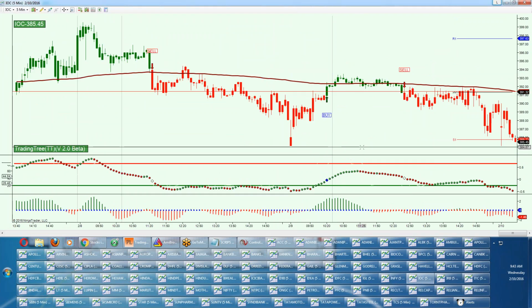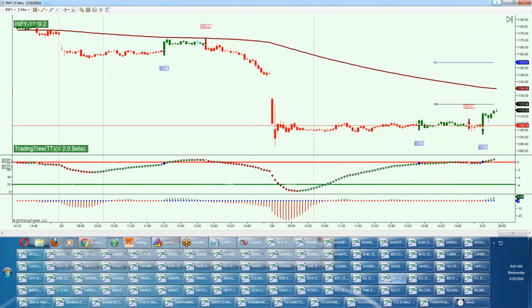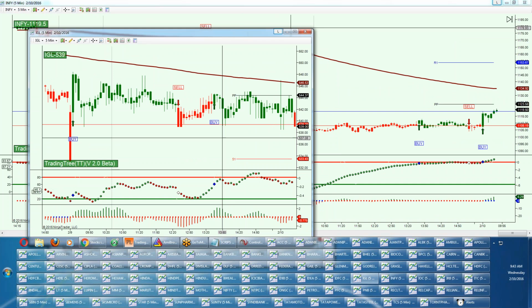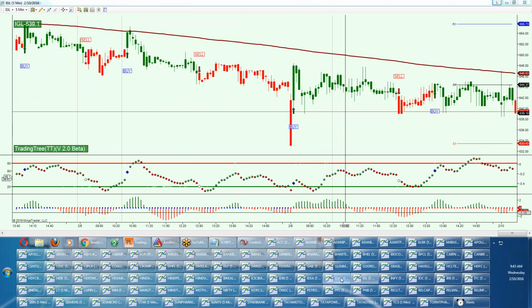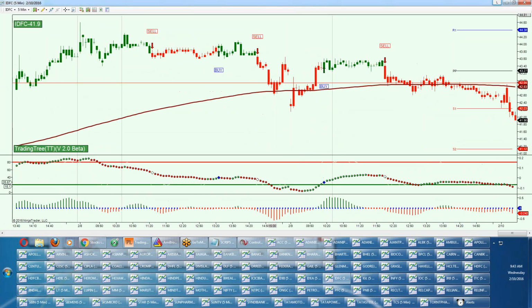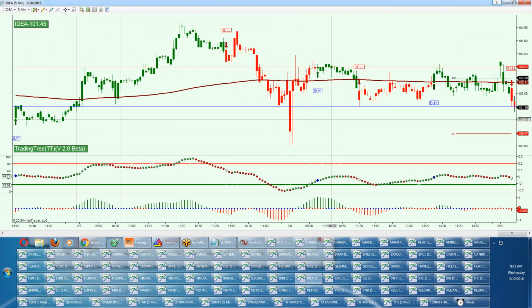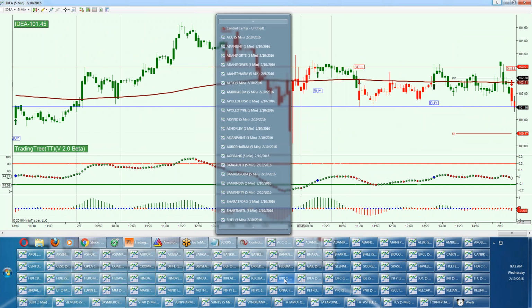Can short IOC at this level, 384.80. Infy has already gone up. I mean, this was your entry price. We will not check this. So Idea, it has already crossed your entry.